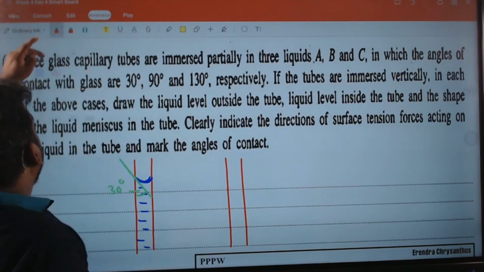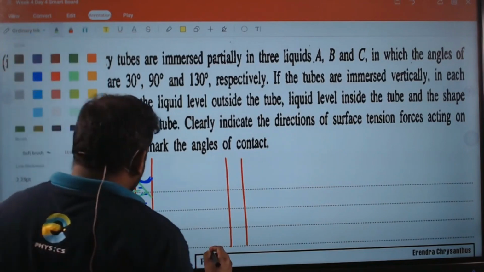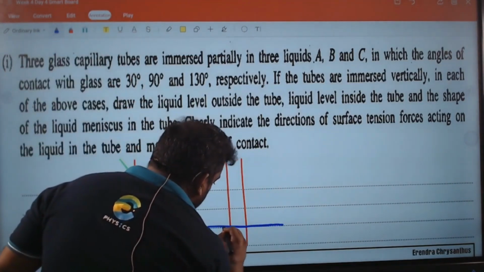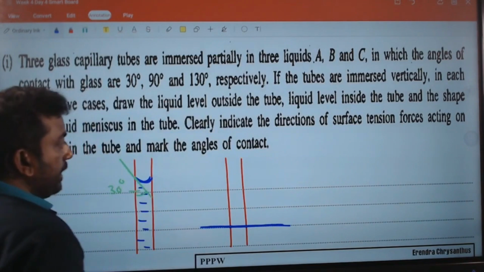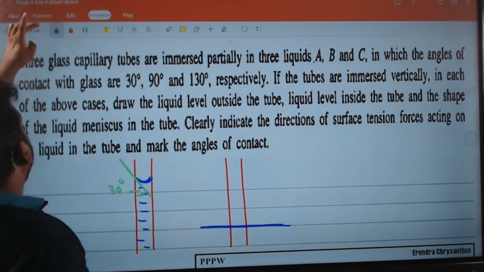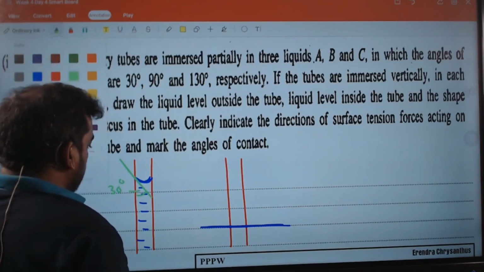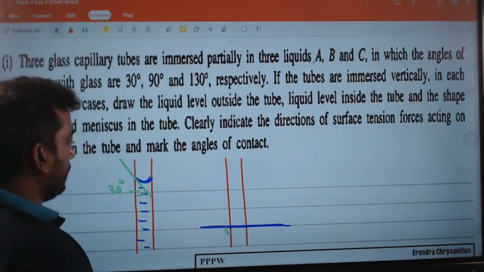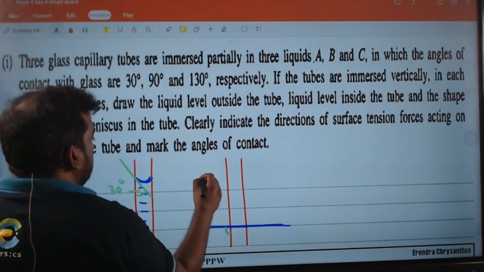Next is 90 degrees. If the angle of contact is 90, liquids cannot rise. So here, the angle of contact is 90.